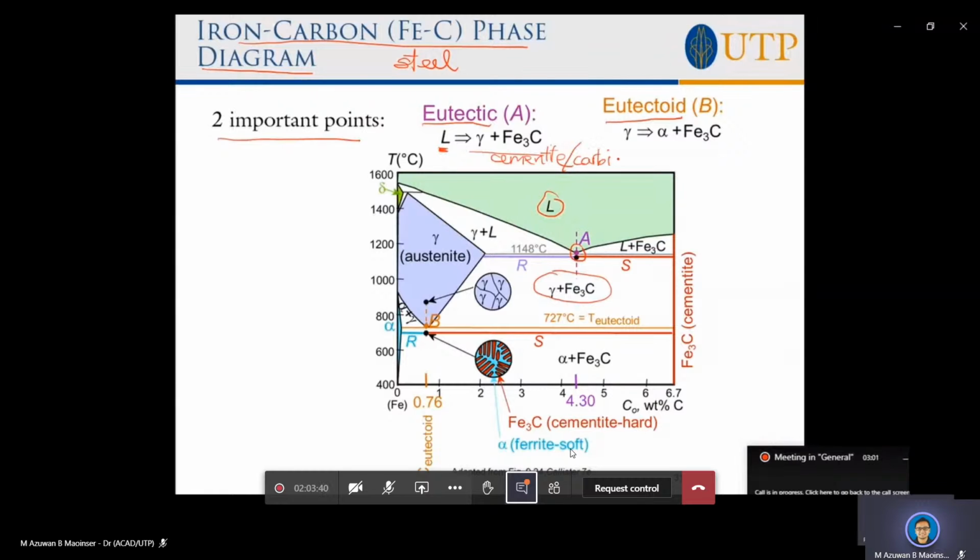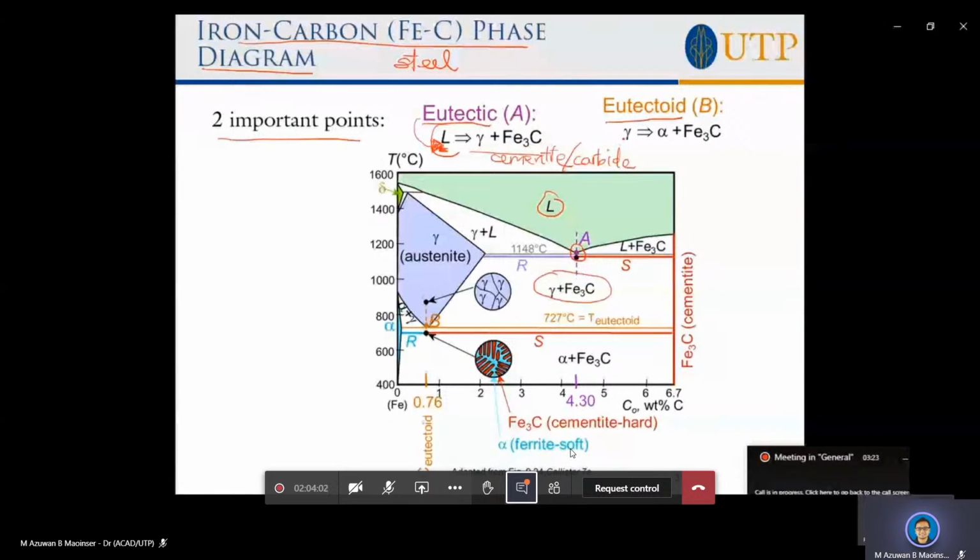So if you heard that name, it's the same thing. Cementite or carbide is Fe3C. So you have eutectic reaction, conversion from liquid into gamma and cementite. That's called eutectic. Eutectic is peculiar to the conversion of the liquid.